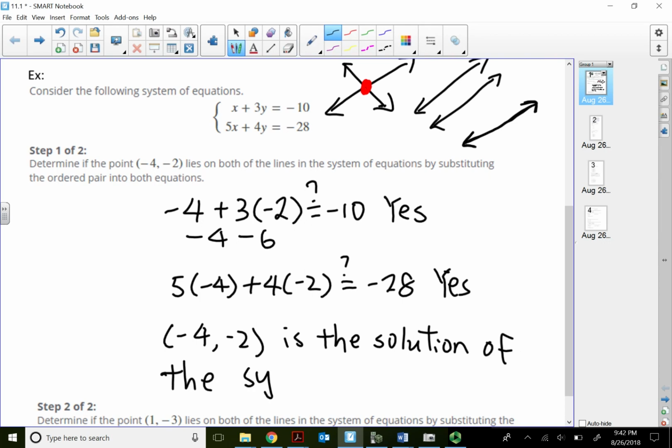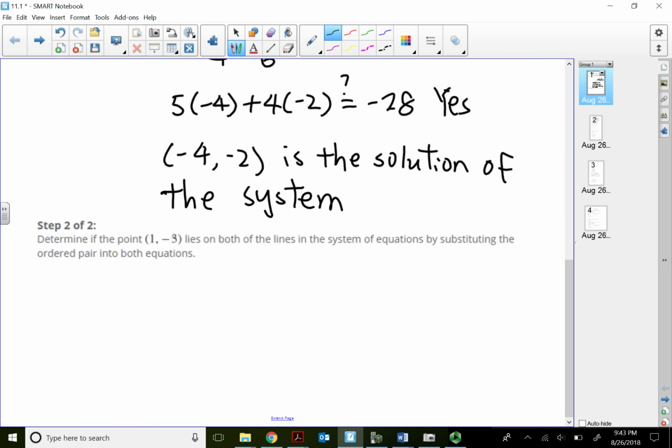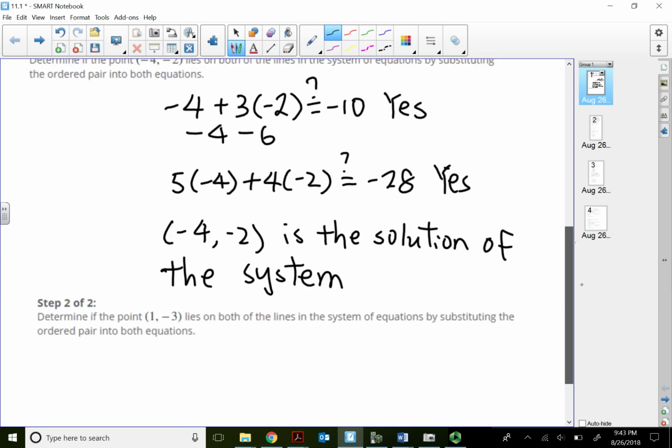Okay. So if you say yes here with negative 4, negative 2, then in step number 2, determine whether 1, negative 3 also lies on both of the lines.